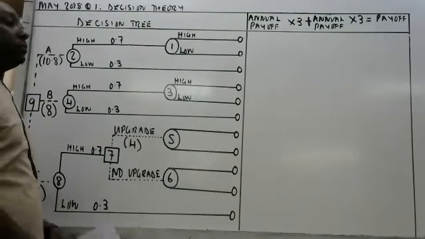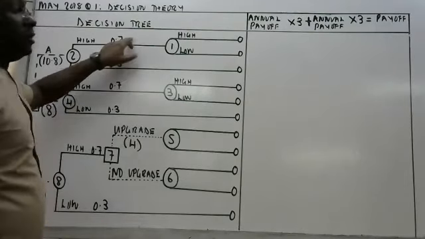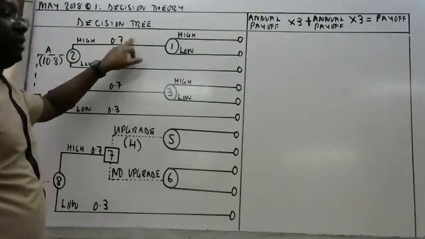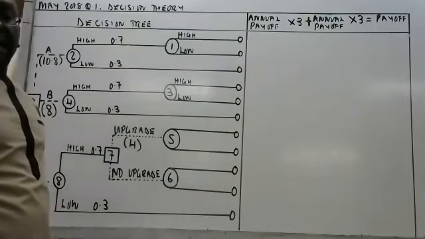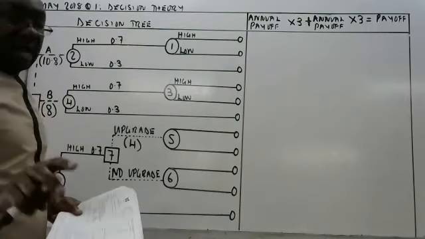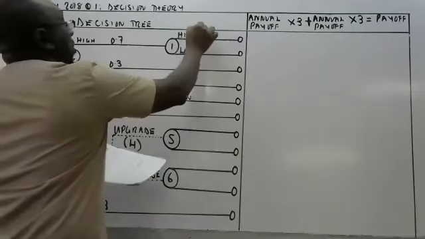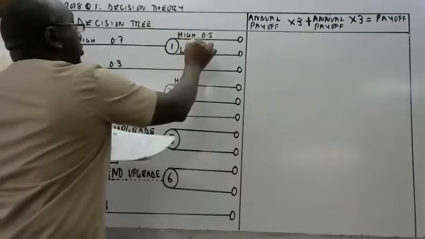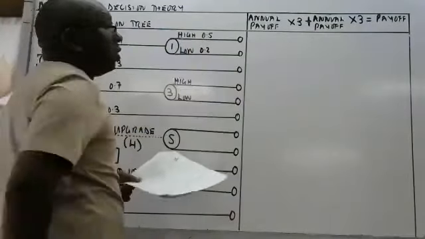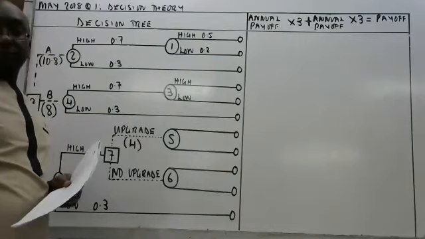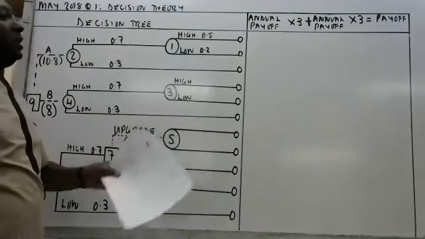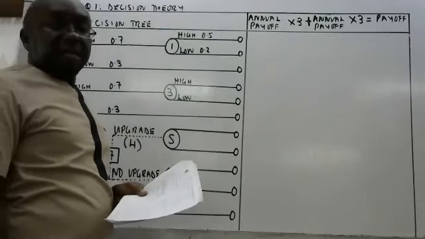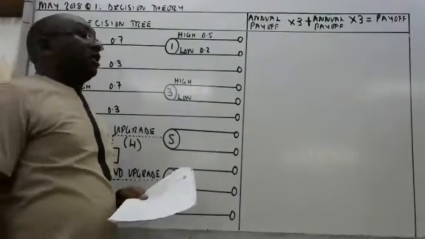So now, this 0.7 is a makeup of 2 probabilities up there. There was 0.5 for high and 0.2 for low. And because they are not adding to 1, that brings a bit of a Bayesian theorem.